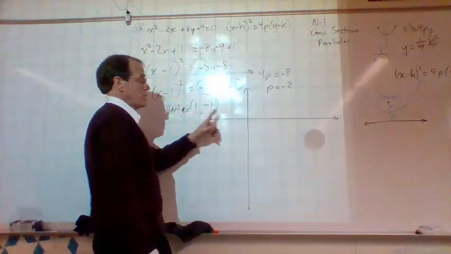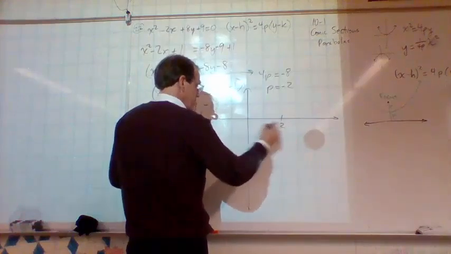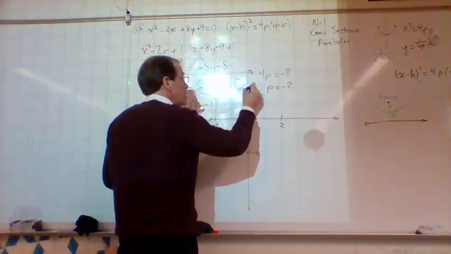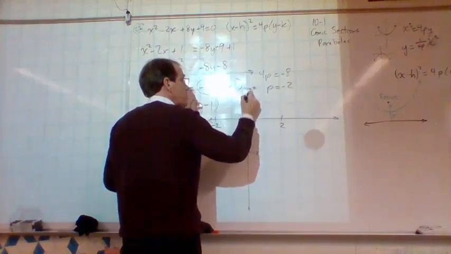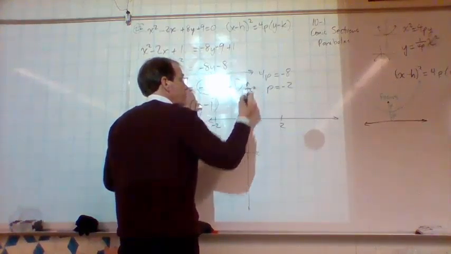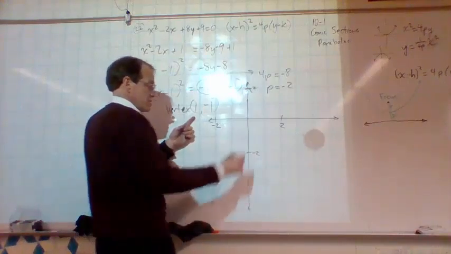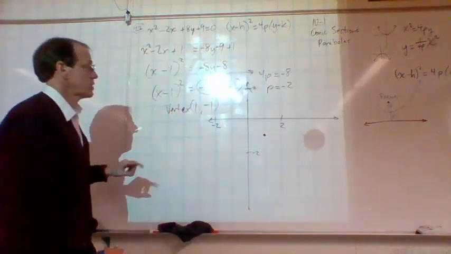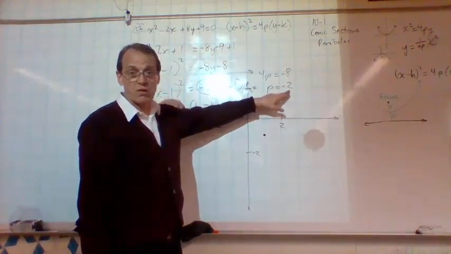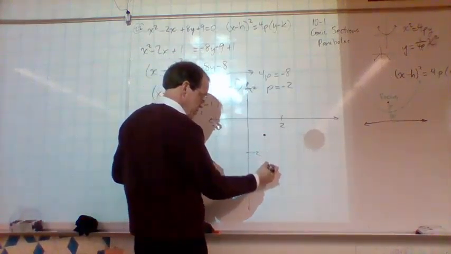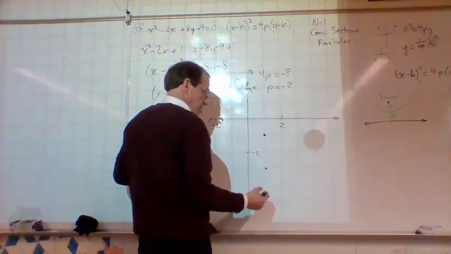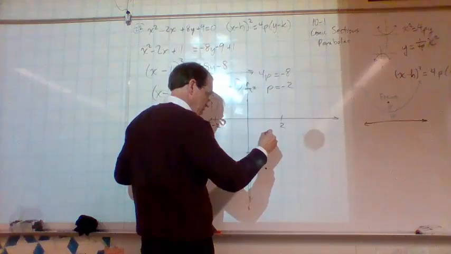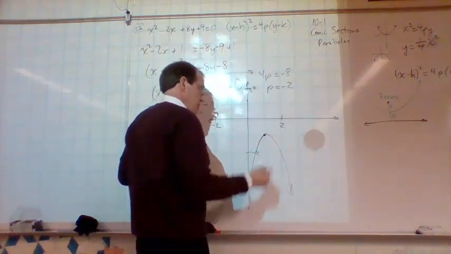And it says it's at 1, -1, so let's make that 2, and that's -2, and that's -2, and this is 2 up here at the top of my graph. And my vertex is at 1, -1, which is right there. And now my focus is going to be 2 points below that. So 1, 2, it's going to be down there. So my graph is going to really take off going that way.